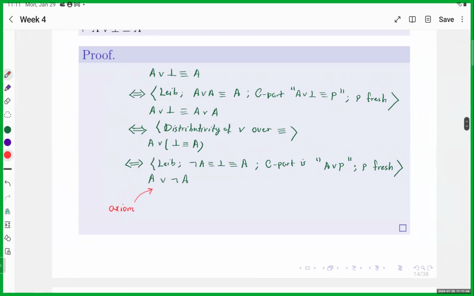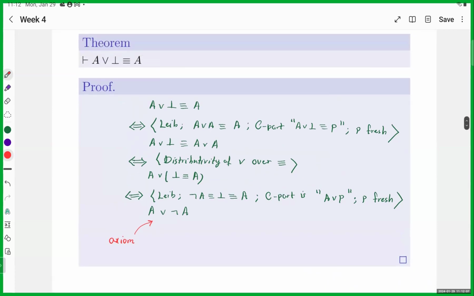Professor, why do we need to add the first step? Because the equation we have in the first step and the third step is almost the same. We just added the bracket. So why did we add A or A on the first step? How else would I prove this? I mean, okay, do you have any other ideas how to prove this? So we just added a bracket on the first step, right?